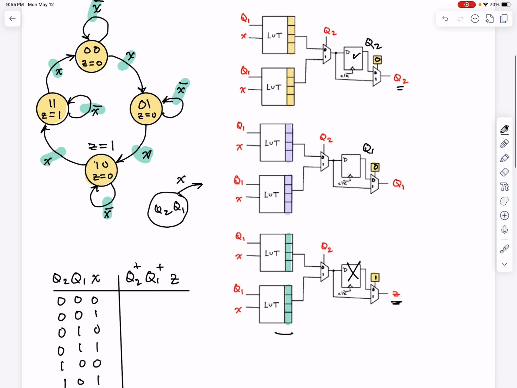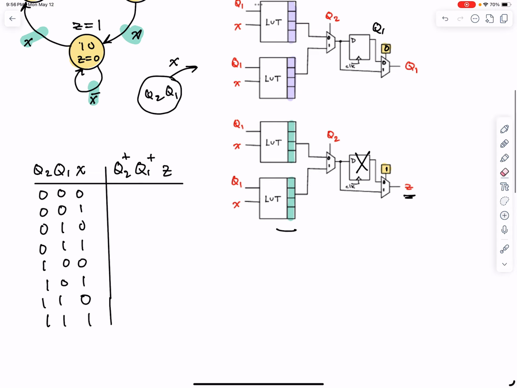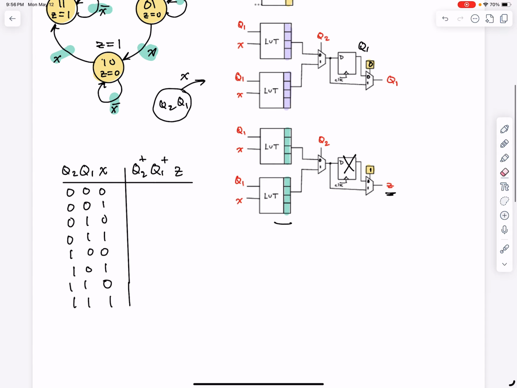The second part is how are we going to make these other programming connections that we see here for the yellow part, the purple part, and the green part. To do that, we need to look at the next state table.